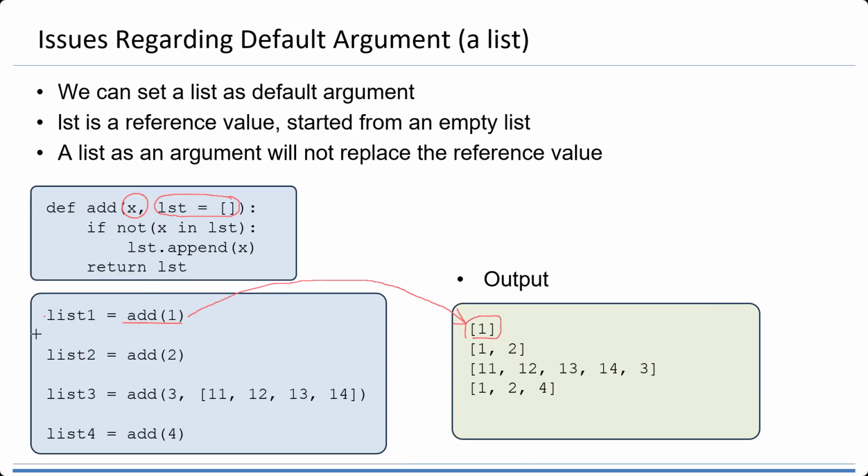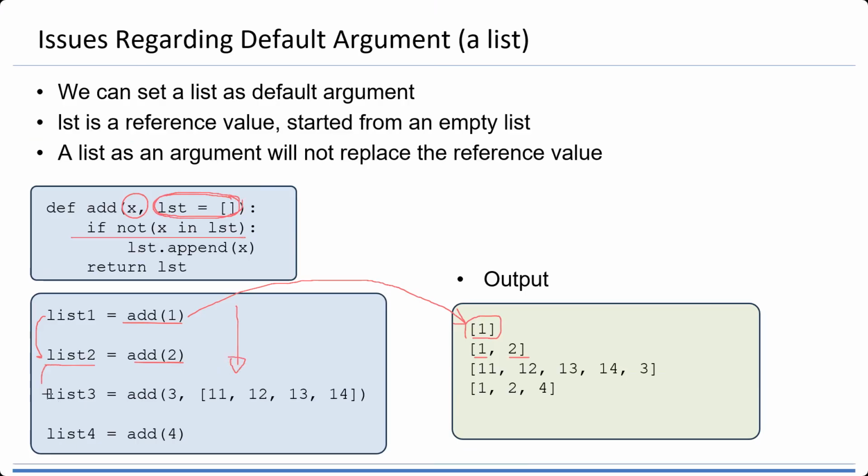And then I will do another statement, list2 equals add(2). When I do the next statement, add 2, I will have 1 and 2 based on this statement. So this list will be updated, and will keep being updated along with the next step.